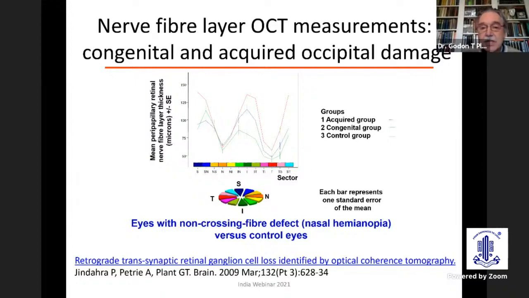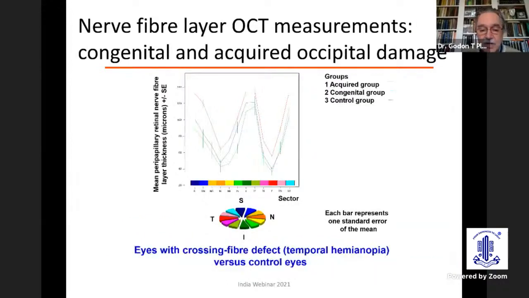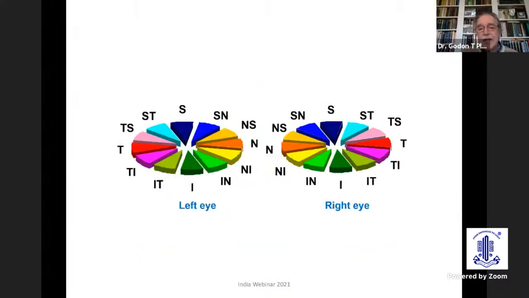This is how it looks in the eye with the crossing fiber defect, but you can see this much more clearly if you take the sectors, here they are, and look at them in a mirror symmetric fashion as ratios.